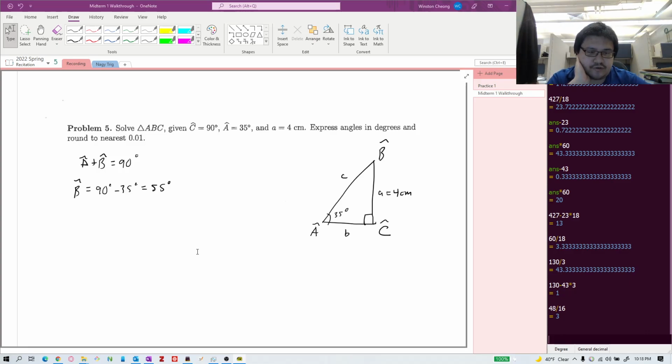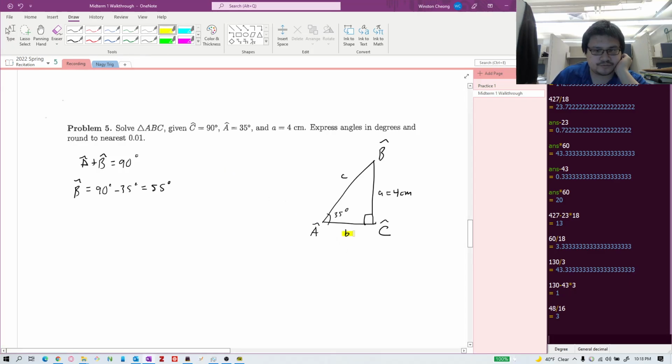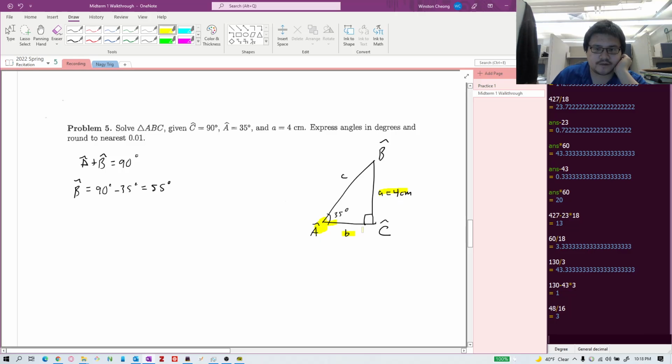Next, we try to solve the sides. Let's focus on side b first. The way I've been explaining this is to try to relate this in terms of the things we're given. So I want to think about these three things: the angle A, and then these two sides.